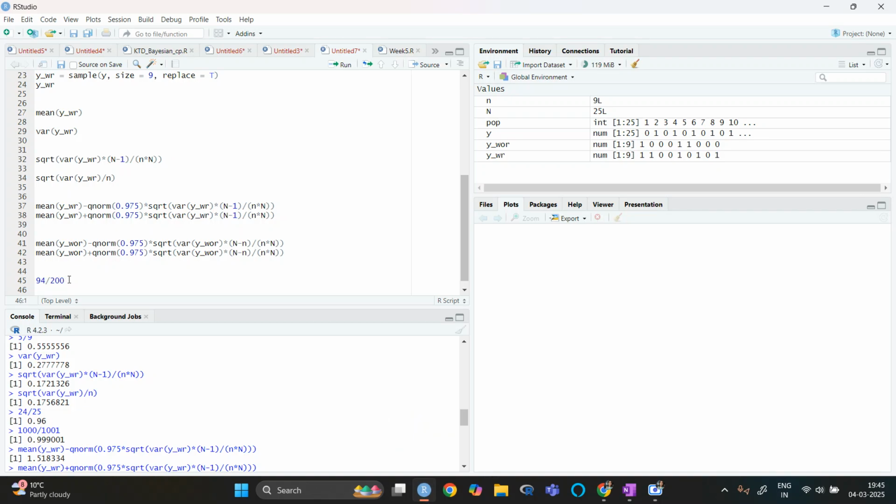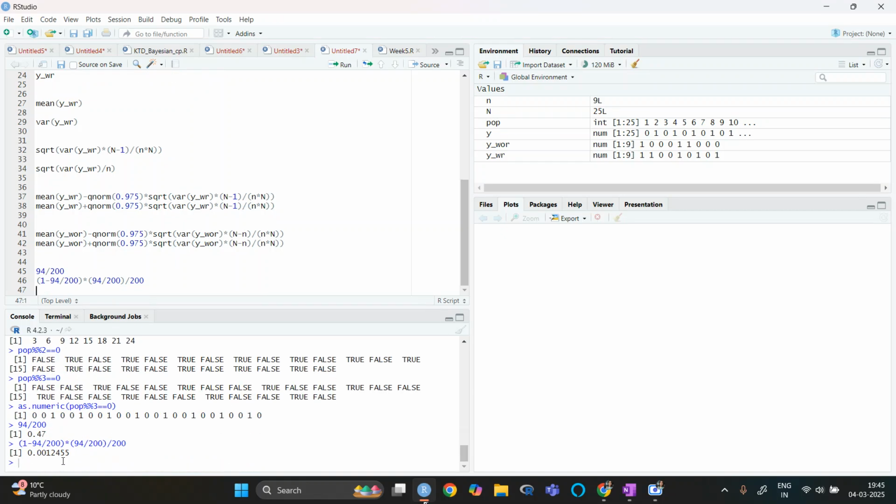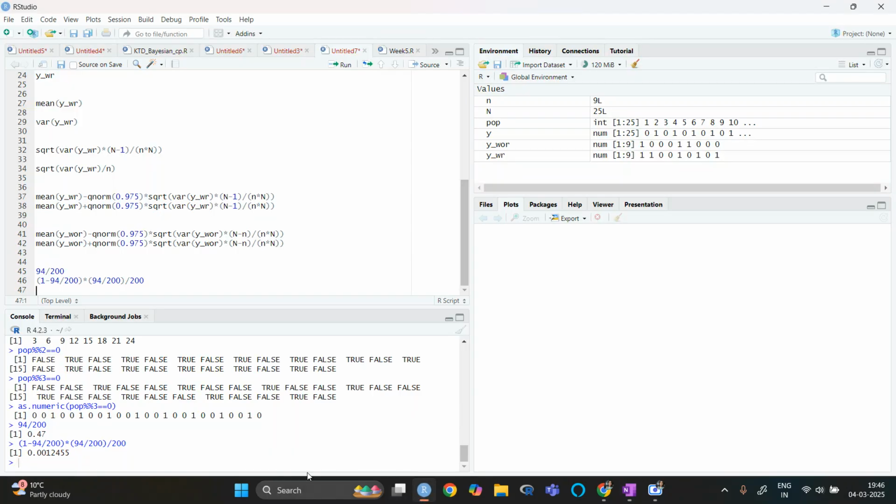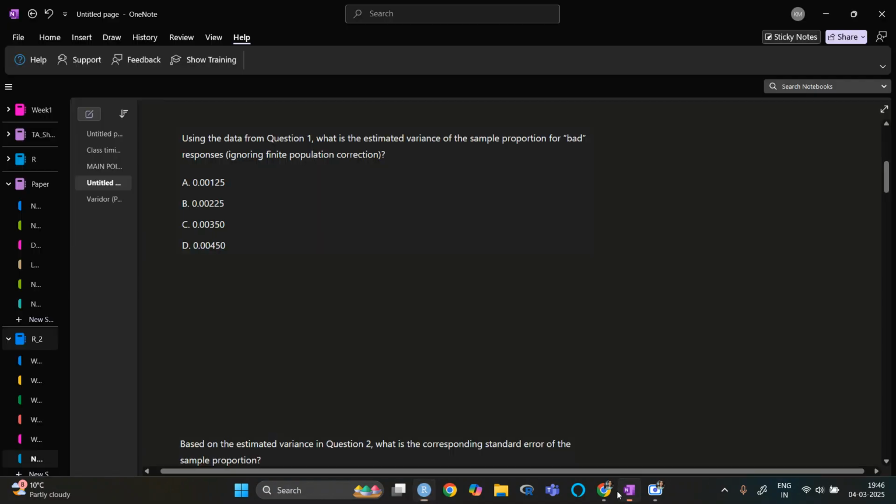So it will be 1 minus this, multiplied by this, and divided by 200. So it is 0.00125.